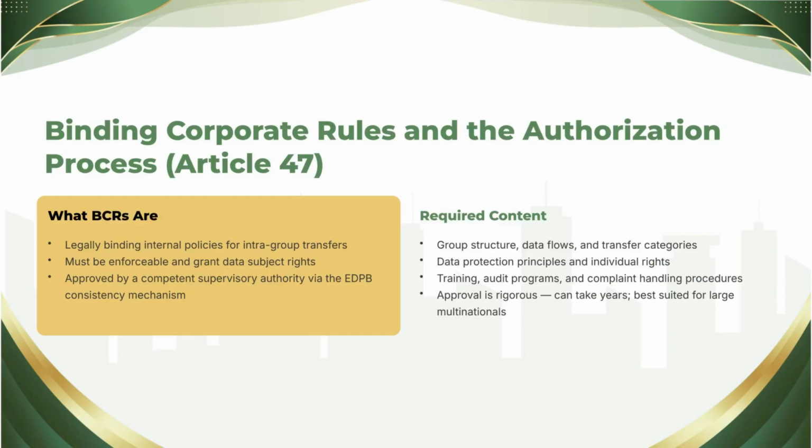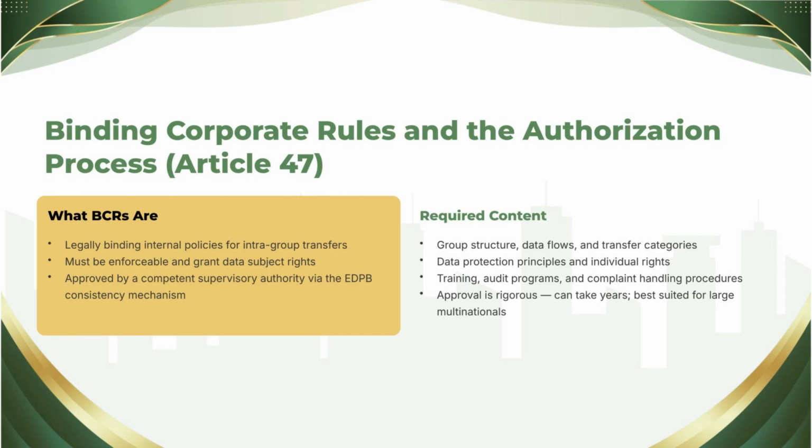Now for the aristocrat of transfer mechanisms, binding corporate rules. If SCCs are contracts you sign per relationship, BCRs are a constitution you write once for your entire corporate family. Picture the problem BCRs solve. A multinational with 60 entities across 40 countries moves employee and customer data internally every minute.